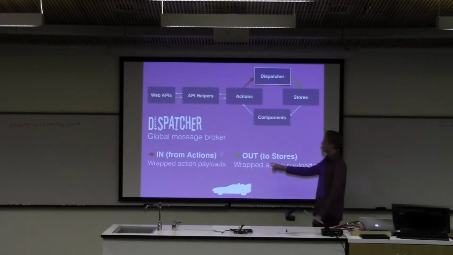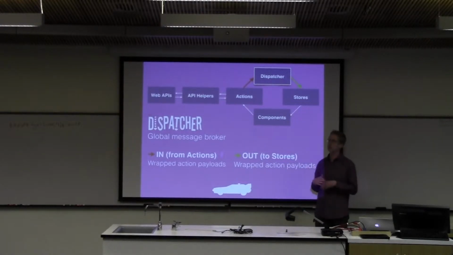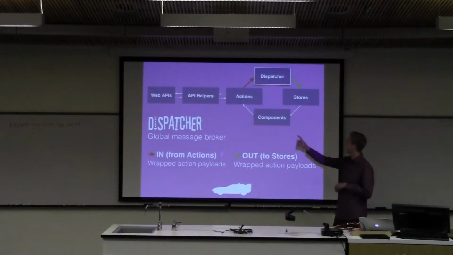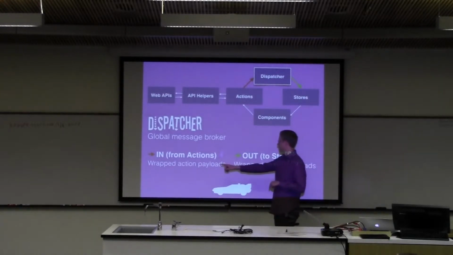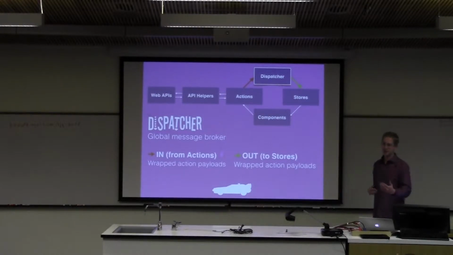Okay. Now the dispatcher is just a global message broker. All the messages for the app of things that are happening as actions go through the dispatcher. So it's that wrapped payload that comes in, and it's the wrapped payload that comes out. And you might wonder, why do we need a dispatcher if we just have things coming in and going out?